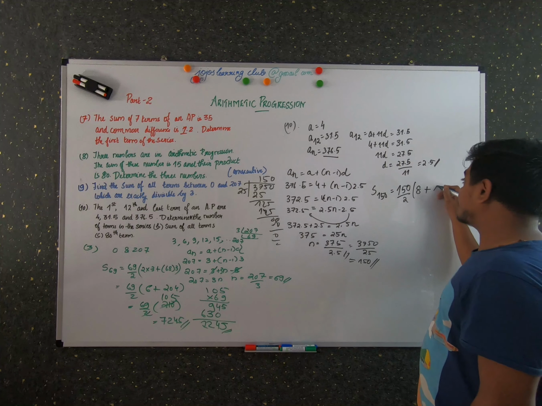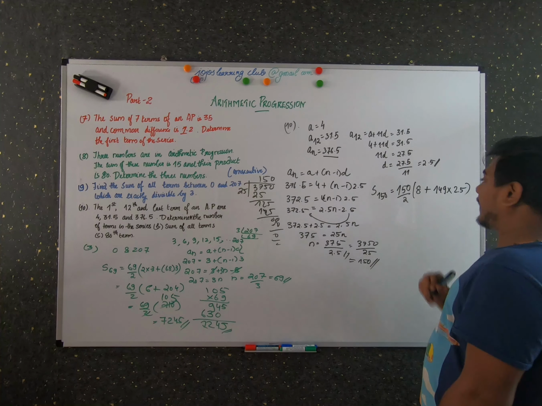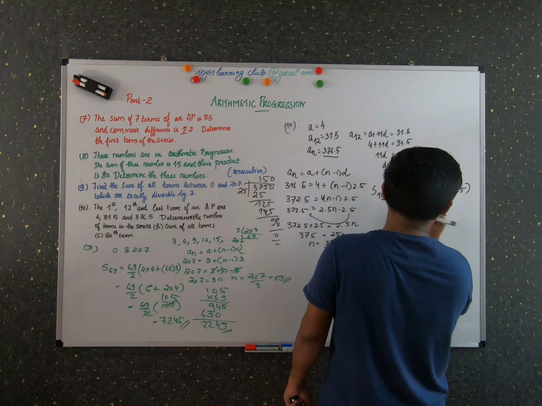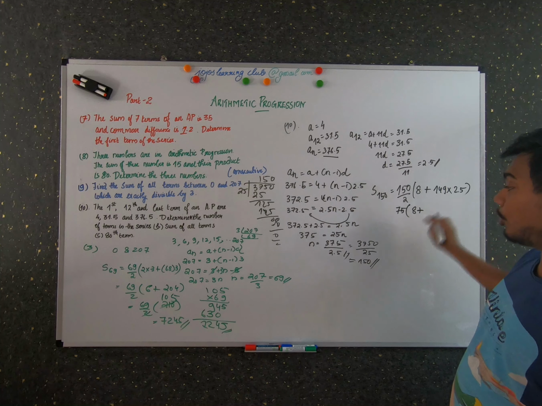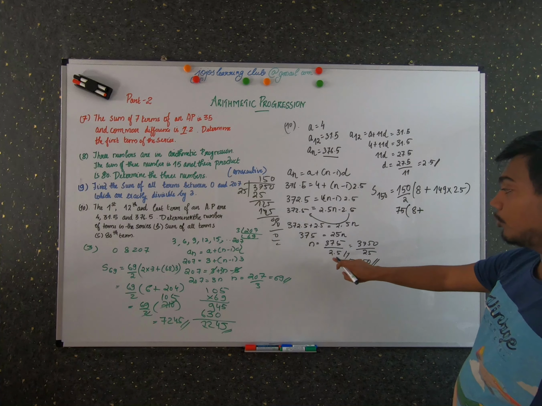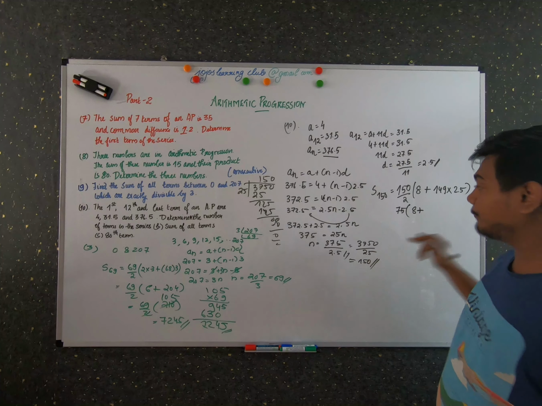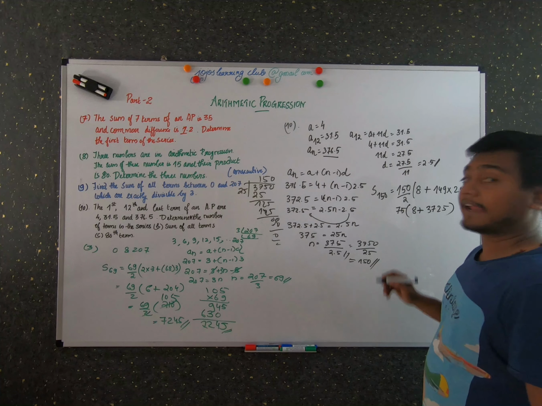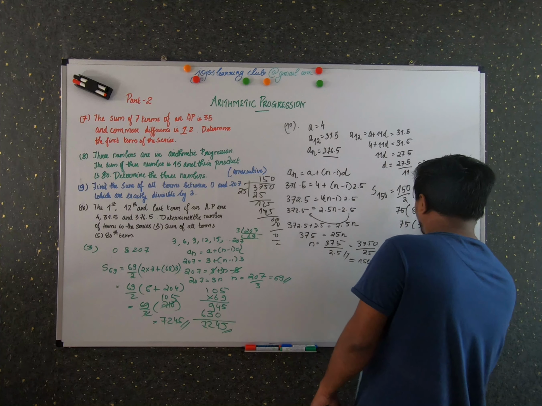Plus n minus 1, that is 149 into 2.5, right? So let's solve it down. That is 75 into 8 plus 150 into 2.5 minus 2.5. 150 into 2.5 is 375, right? So what it would be? 372.5. That is 75 into 380.5.